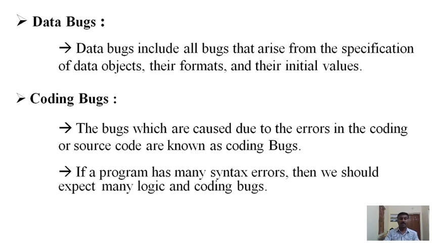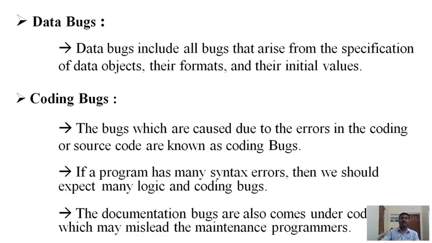If a program has many syntax errors, then we should expect many logic and coding bugs. So in the program, if you have many syntax errors, then automatically we can expect there may be many logic and coding bugs.